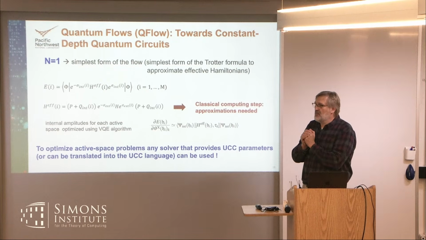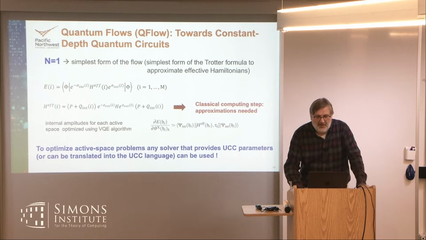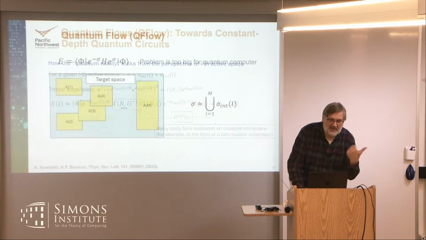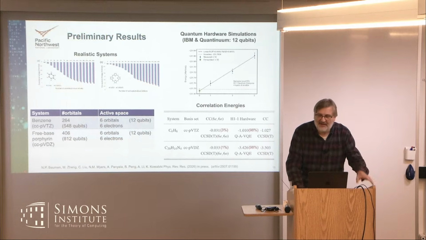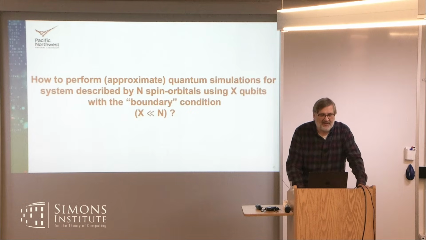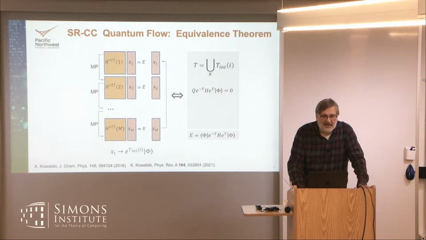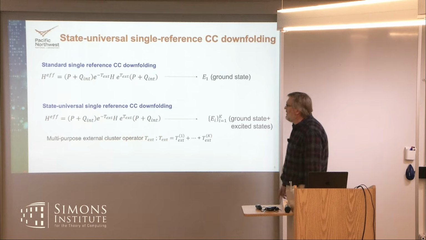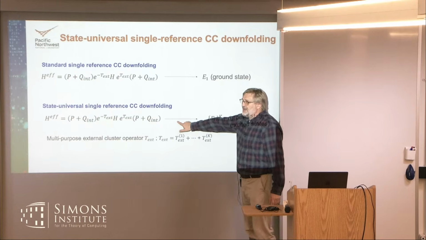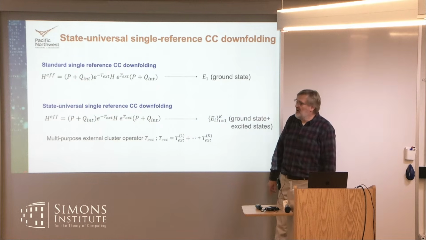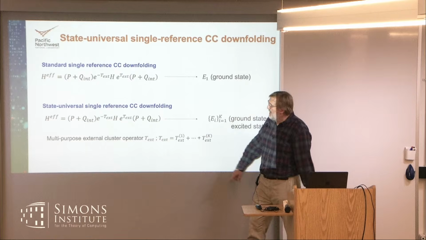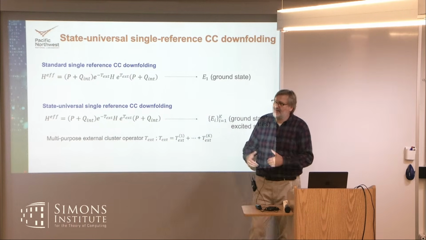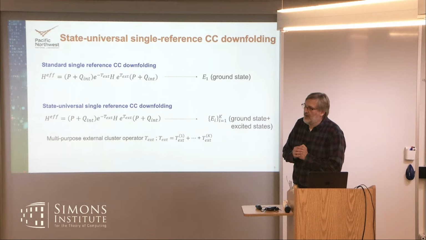Do you see a way forward? That's why I'm flipping the slides in reverse time order, right? Here, we will build the extension of the Q flow based on these state-universal effective Hamiltonians.